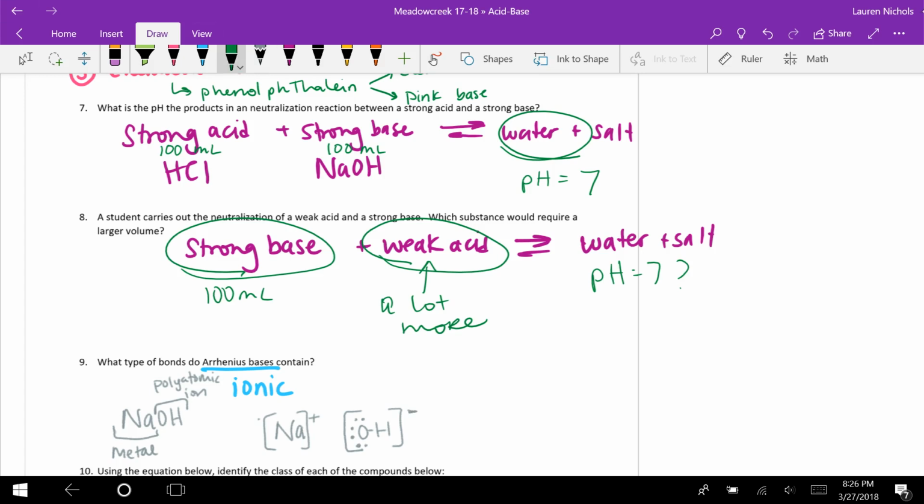And so we can see here that that positive and negative shows ions, and so that we know that this is actually an Arrhenius base.